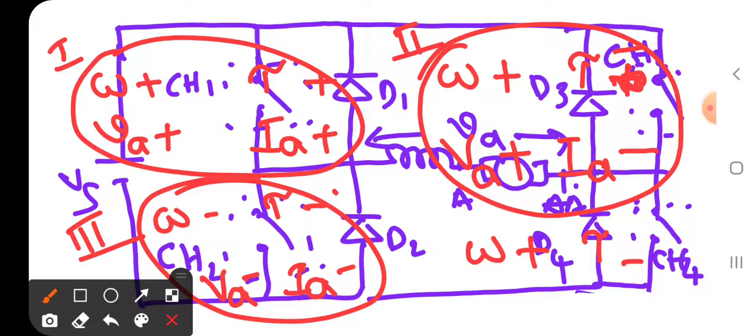Omega is negative and torque is positive.